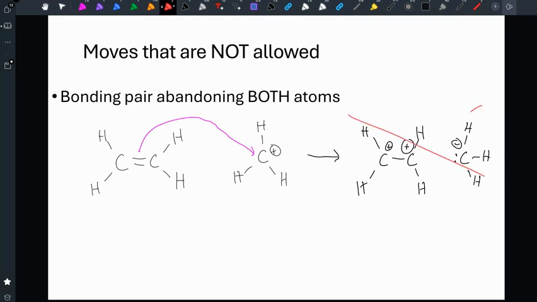Definitely not that. Again, the theme is share, don't transfer.